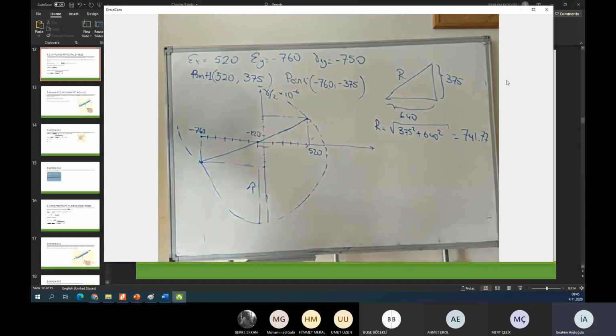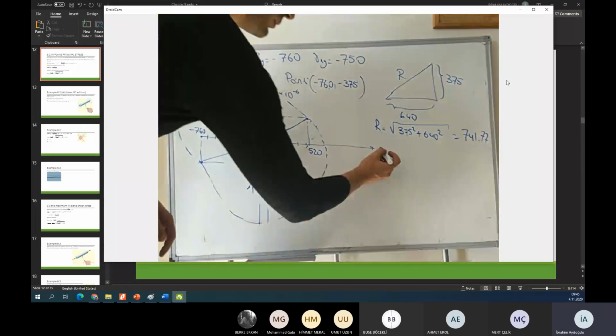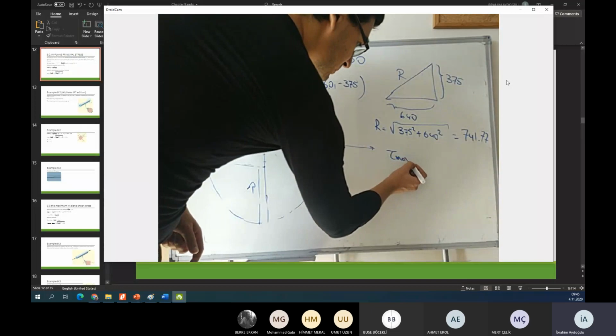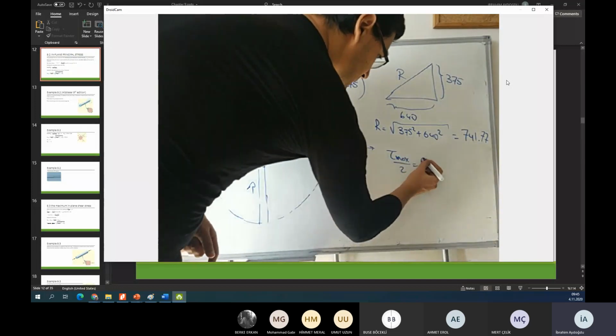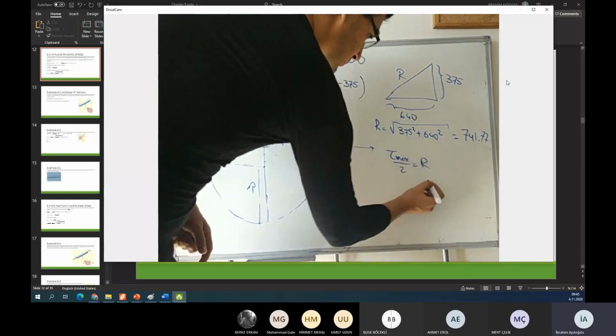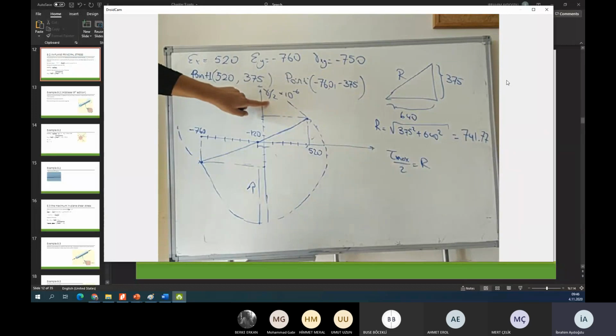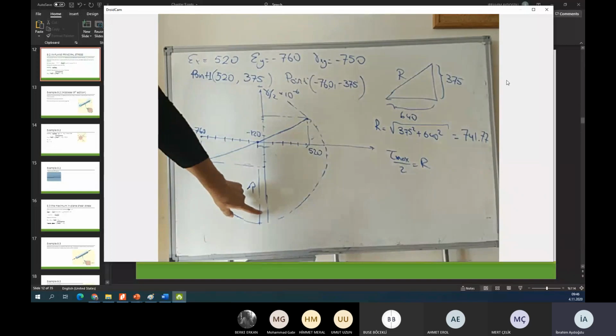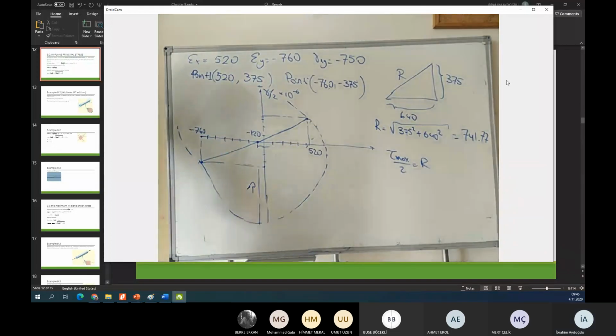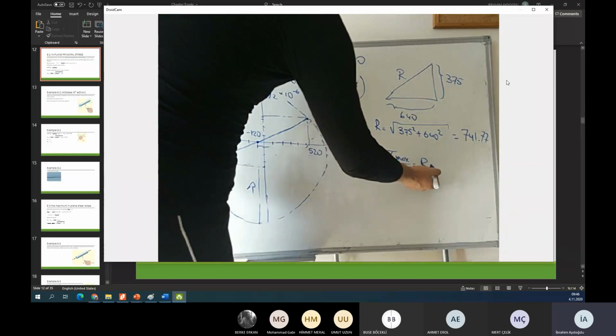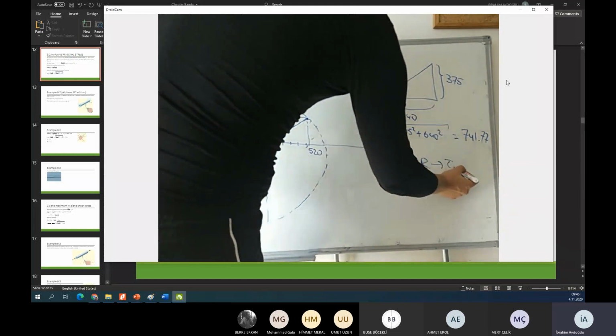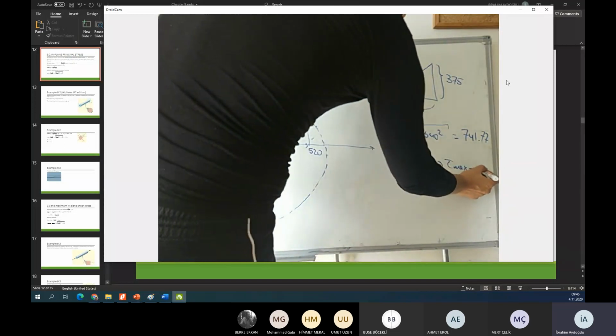So R is equal to gamma maximum divided by 2, because you remember that this y direction represents gamma divided by 2. So R is gamma maximum divided by 2, so gamma maximum is 2R.